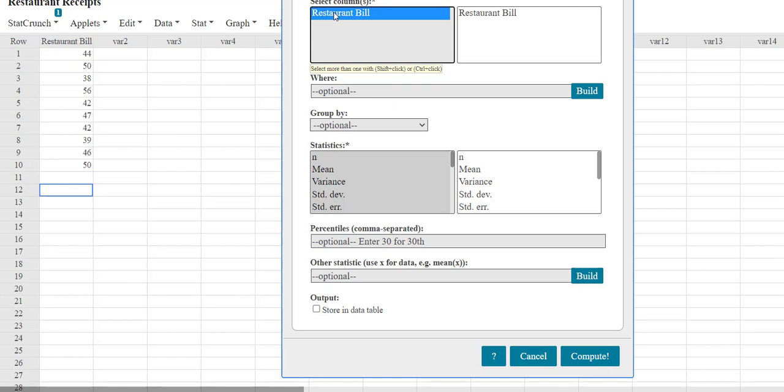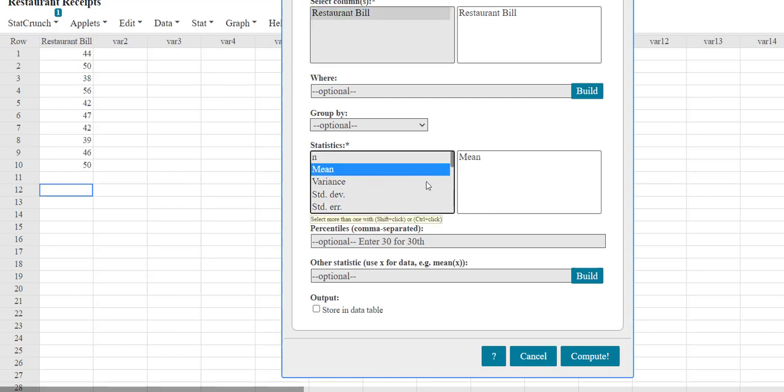If we had more columns, like last time when we did the carriers for airport data speeds, we had Verizon, AT&T, Sprint, and T-Mobile, you would choose the column that you want to do statistical analysis on. So restaurant bills, and then we are going to choose, what did we say? We wanted the mean. Notice the mean was selected. I also want the range.